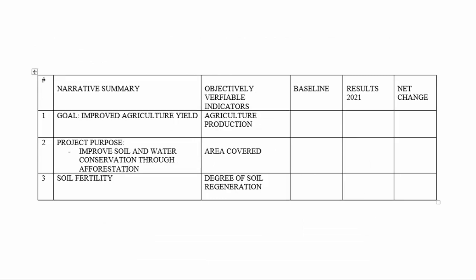So instead of having what you saw in the previous slide, I'll have the baseline, I'll have the results and the net change. And what that will do is that for each of these indicators, I'll just populate this section with the baseline and with the results that I have collected for that year. And you can also do it for subsequent years so that the reader actually knows that, okay, this was what was achieved, this is what the M&E specialist saw, and this is the change that was achieved that year.